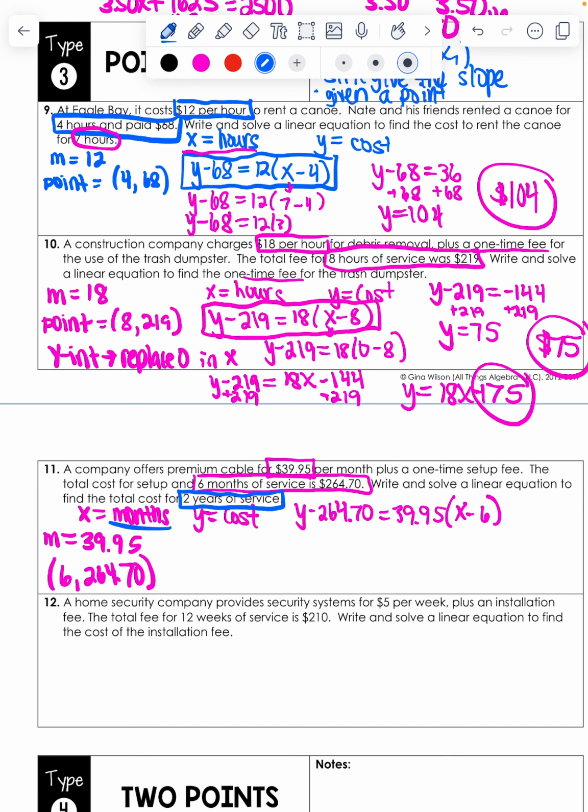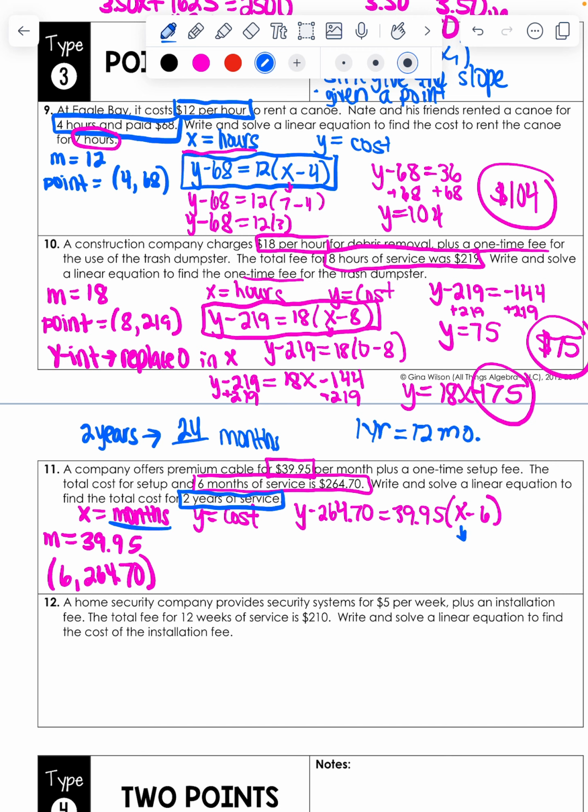So we know X is months, yet they want us to figure out the cost for 2 years. So we would actually have to convert 2 years into months. If each year is 12 months, then 2 years is 24 months. So actually the variable we would be replacing in for X is not 2, it's 24.